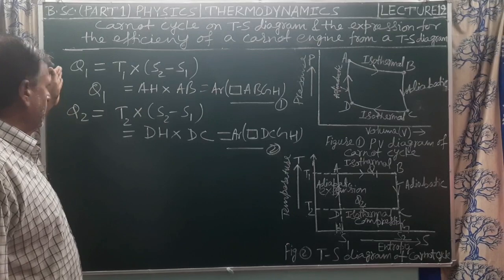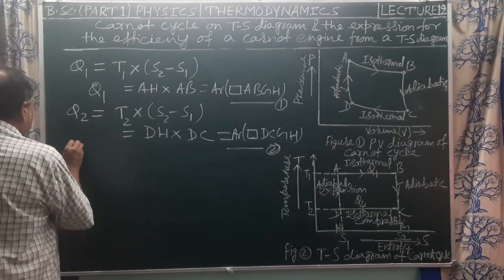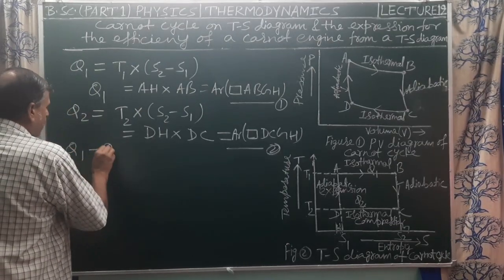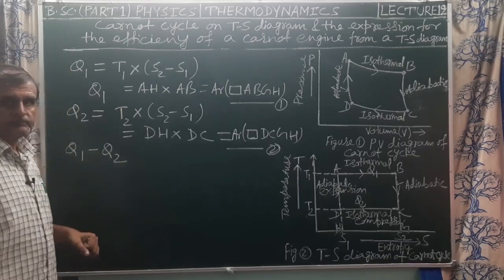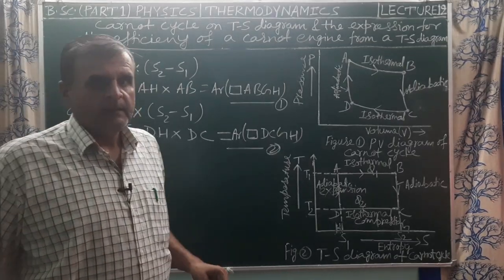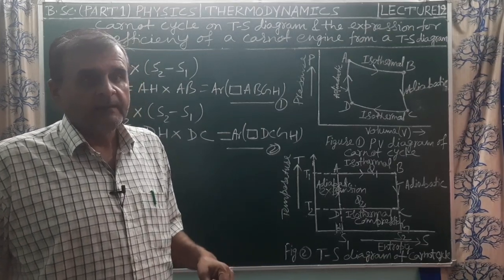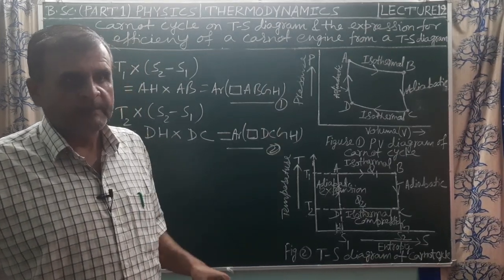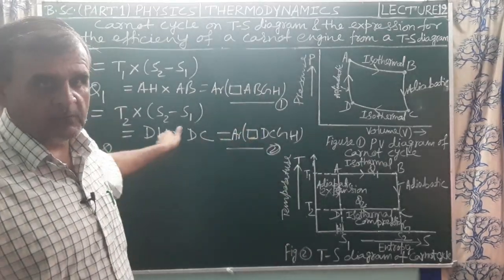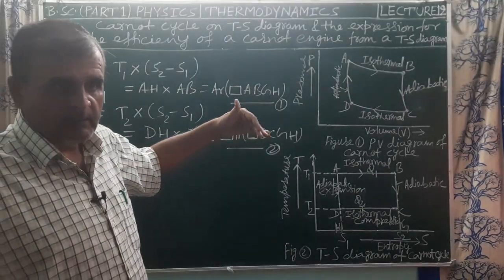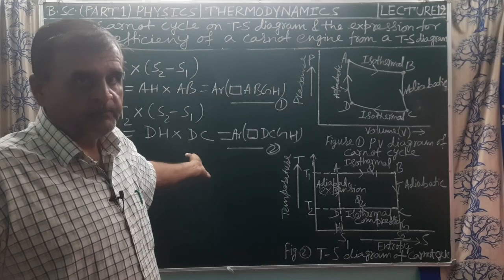The difference Q1 minus Q2 is equal to the work done by the system, which also represents the heat energy available per cycle.